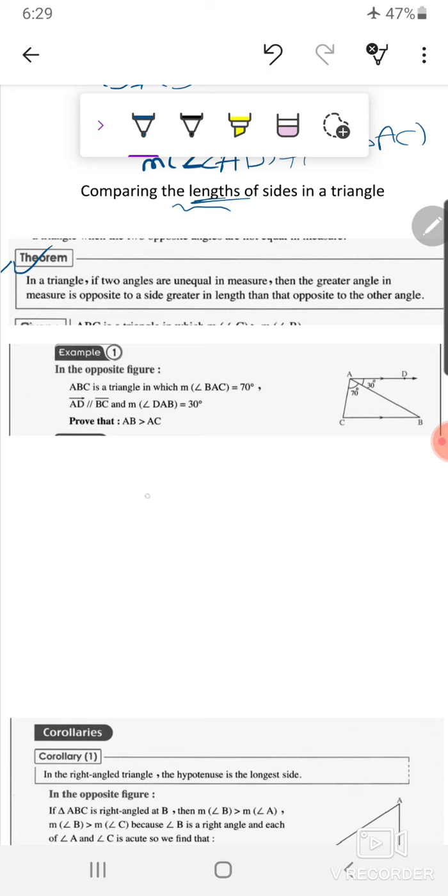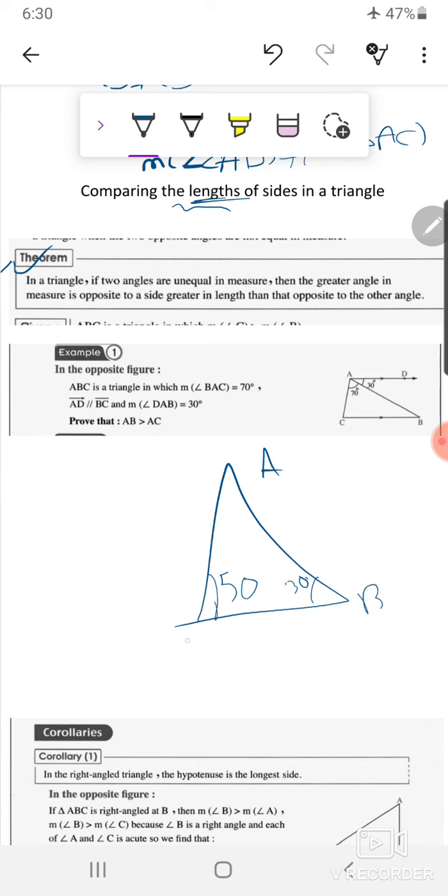Now let's see. If you have a triangle like this, called ABC, and this angle equals 50 and this one equals 30. Here, which one is the greater measure? The greater measure is 50, greater than 30.